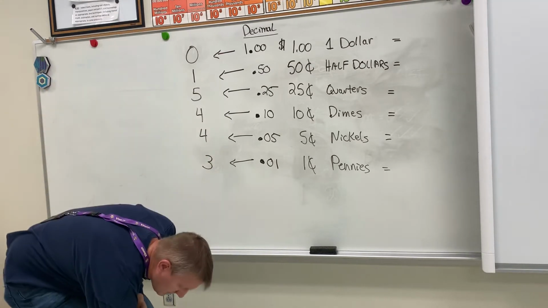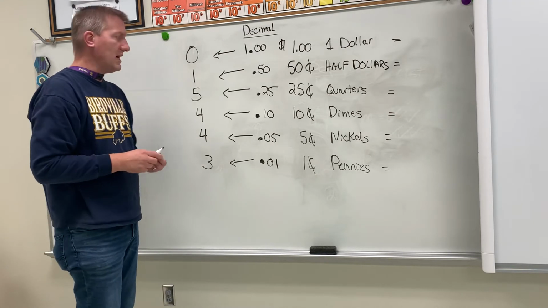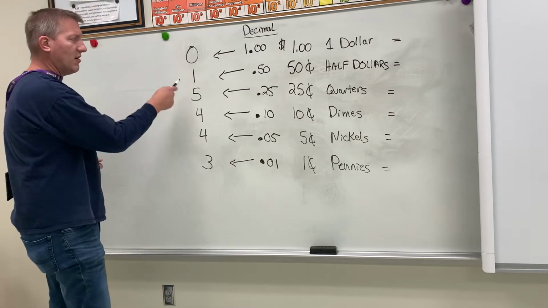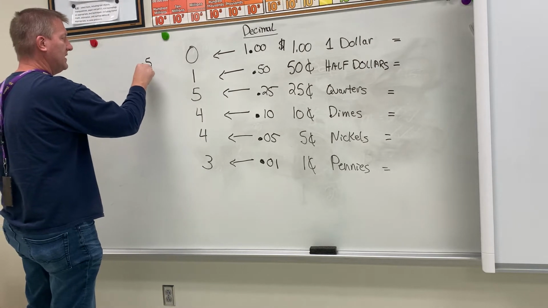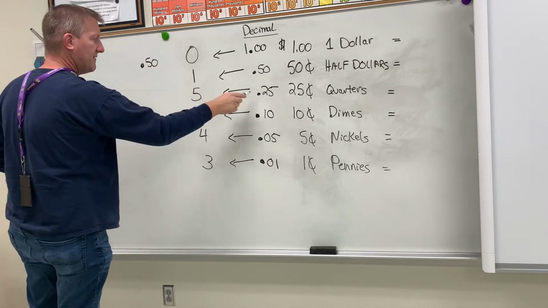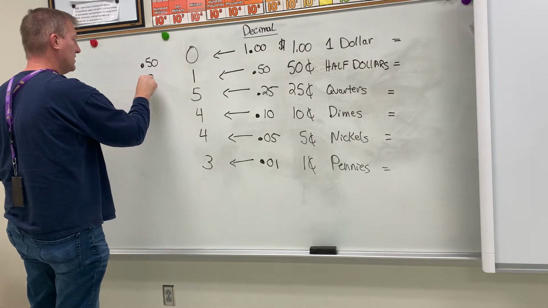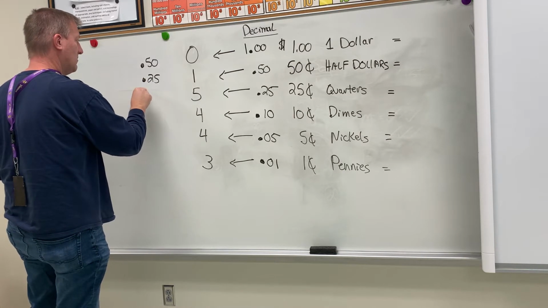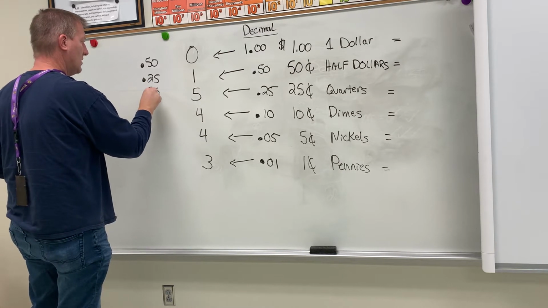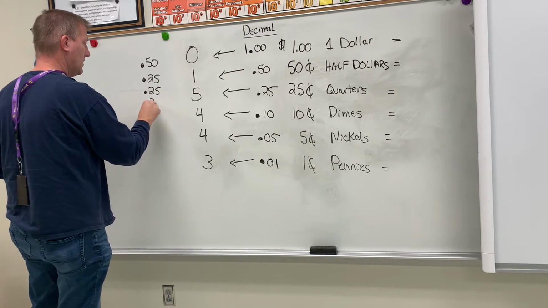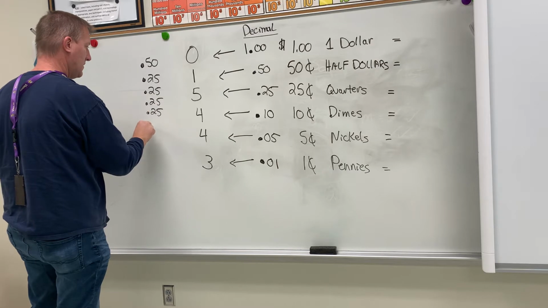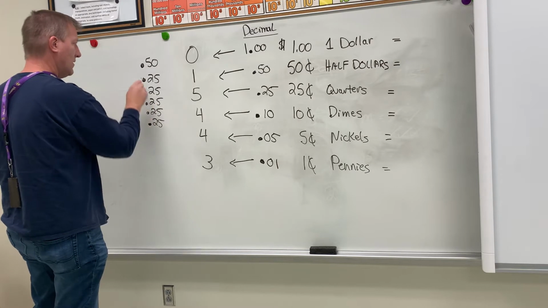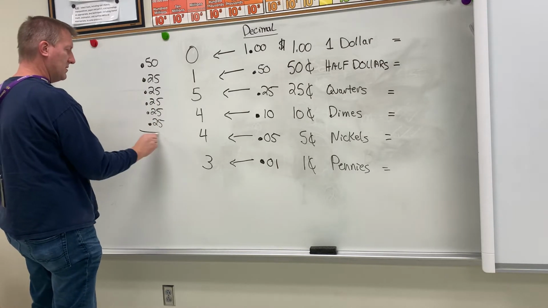Okay. So what I'm going to do now is I'm going to add all those up. Okay, so I have 50 cents. I have 5 quarters. So notice I line up my decimal.